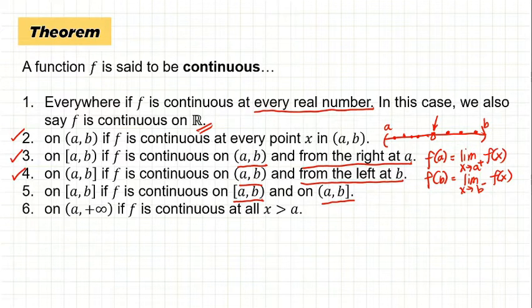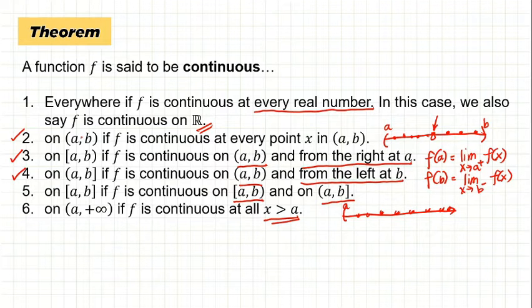Okay, number 6. So on A to positive infinity, so this is continuous if f is continuous at all x greater than a. So if this is your a, so dapat greater than a. Lahat ng points na makikita natin dito, dapat continuous yung ating function. Okay, so actually almost the same lang siya sa number 2.